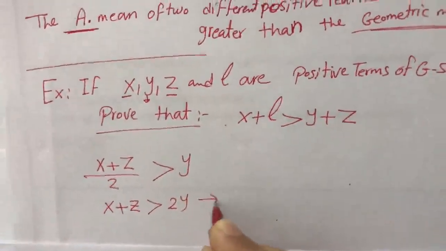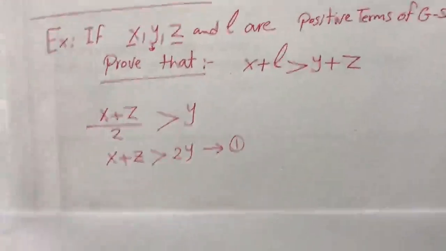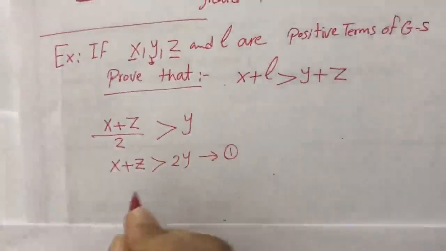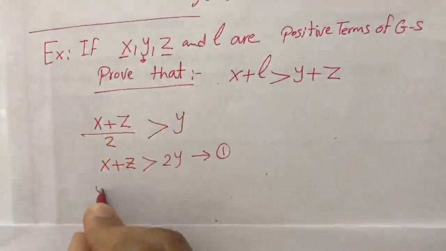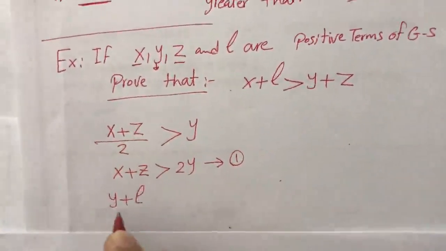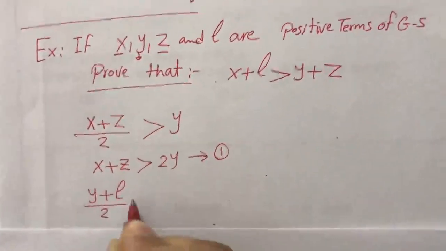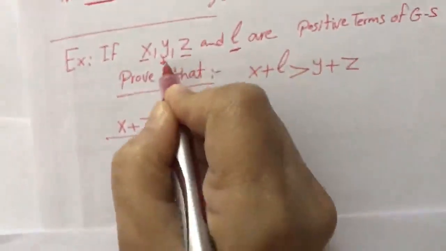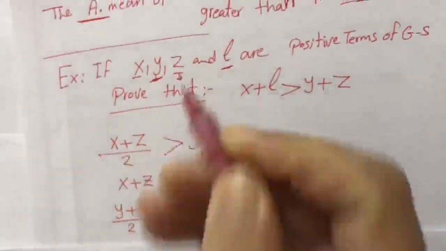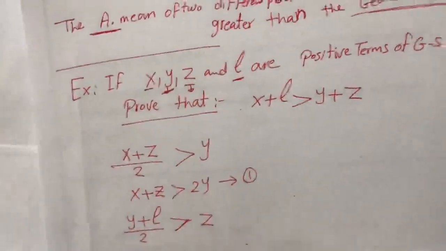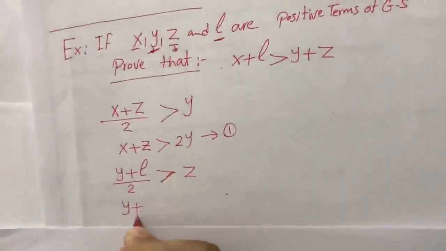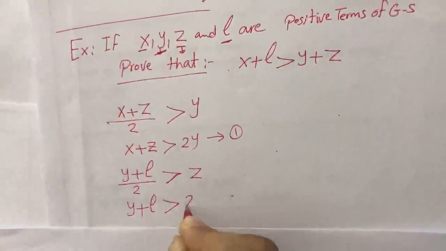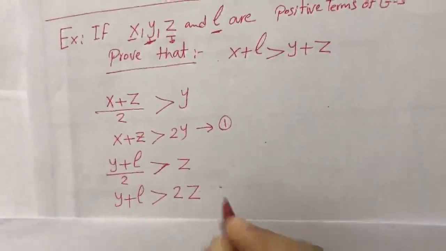And I leave it as the first one. And from here, y plus l over 2 bigger than z. From here, y, l, and between them z. Okay, so y plus l bigger than 2z. This is number 2.